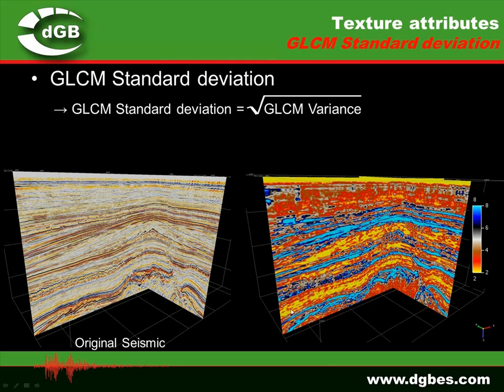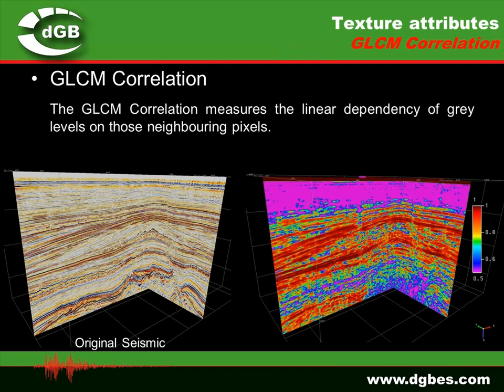And now the correlation. The correlation measures the linear dependency of the grey levels between those neighboring pixels. So it gives a bit different information than the other texture attributes, and it's very useful to be used as an input attribute for neural network analysis, for example.